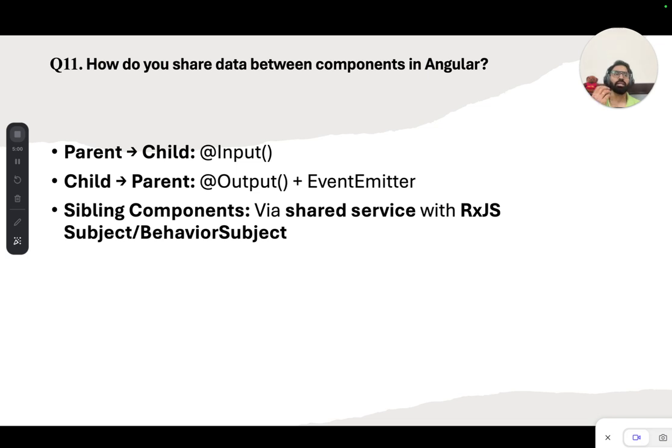Another way, again from child to parent, is the @ViewChild decorator. And there are more ways where you can share the data. These are some basic ways to share data between components in Angular.